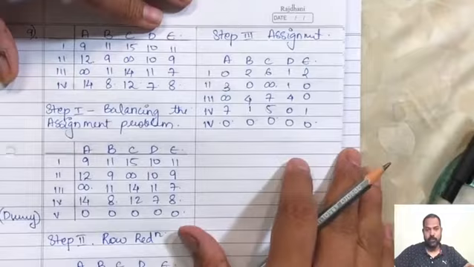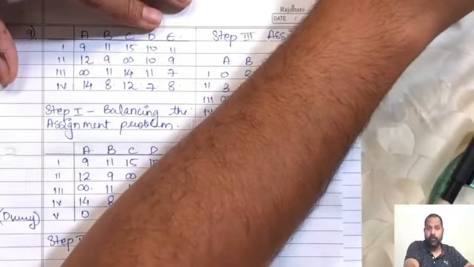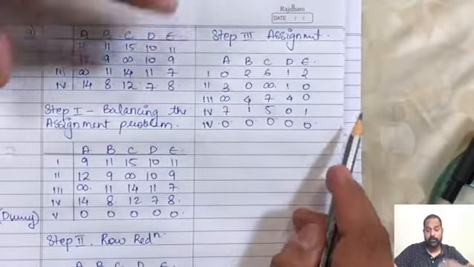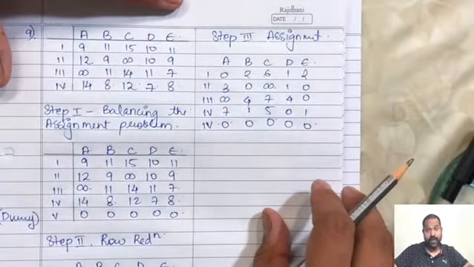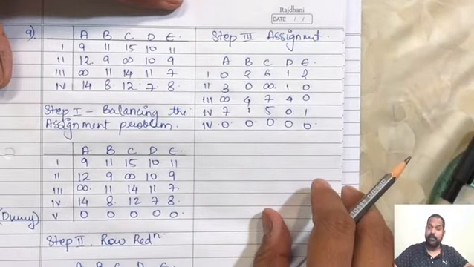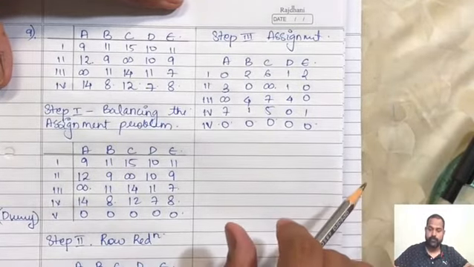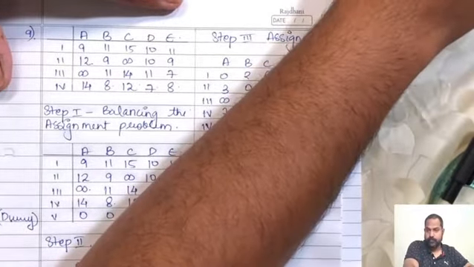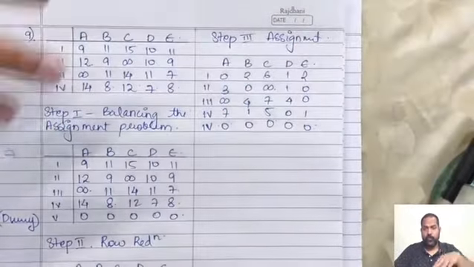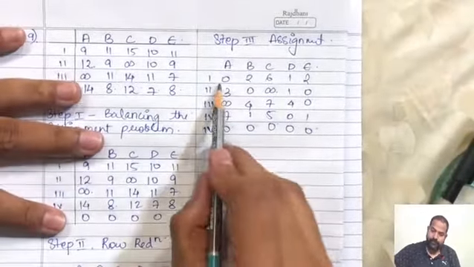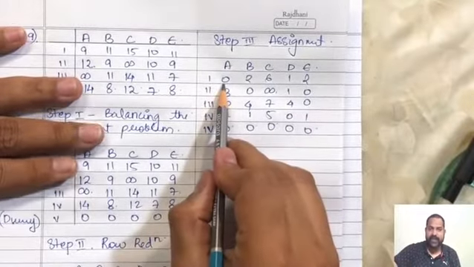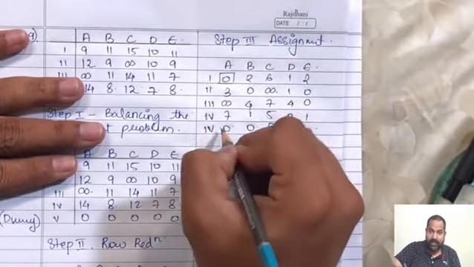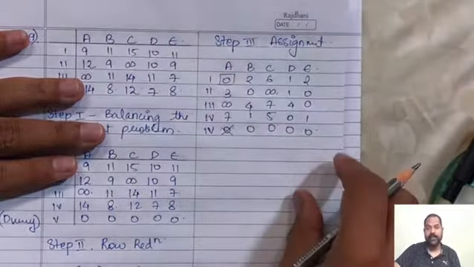How? Basic rule. You start examining every row first. If there is exactly 1 zero, mark it as an assignment. If not, then move on to the next row. So we begin with row examination. In this row, exactly 1 zero, fantastic. Mark it as an assignment. In that column, cancel everything else.